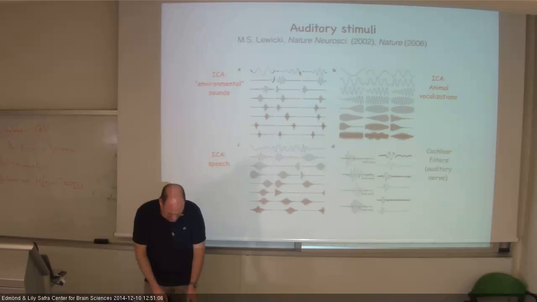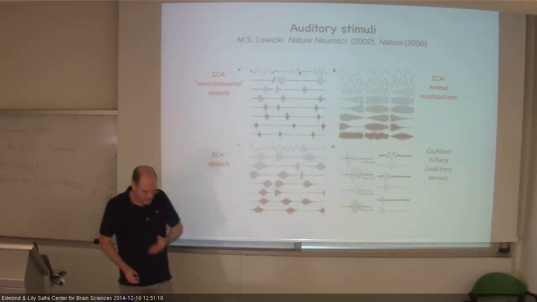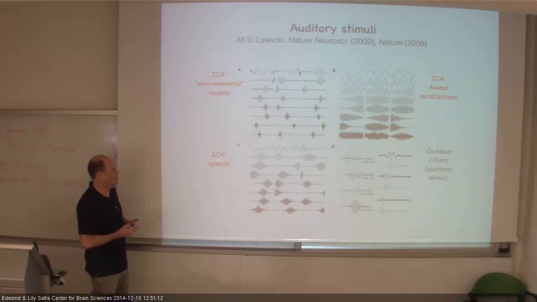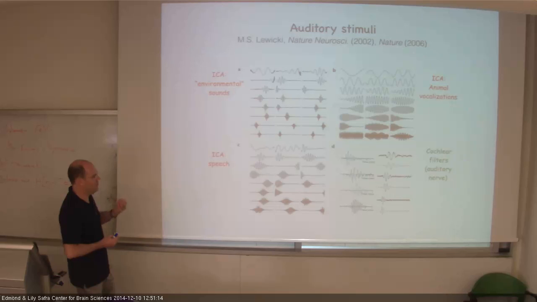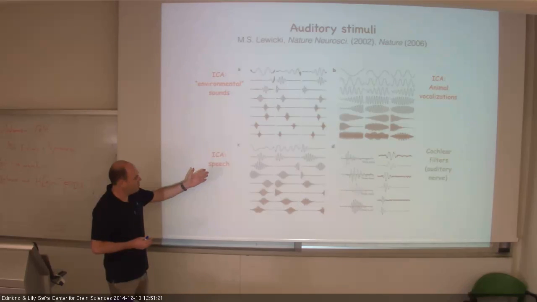So let me just mention two main questions, which I think we have hints about from all the works, but not a very clear picture. First, do sensory areas perform ICA? In vision, we have some indication that it's true, also in the auditory case.